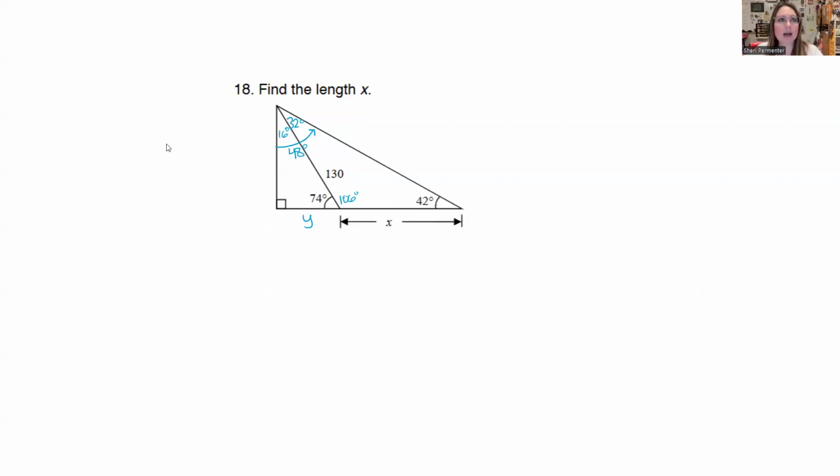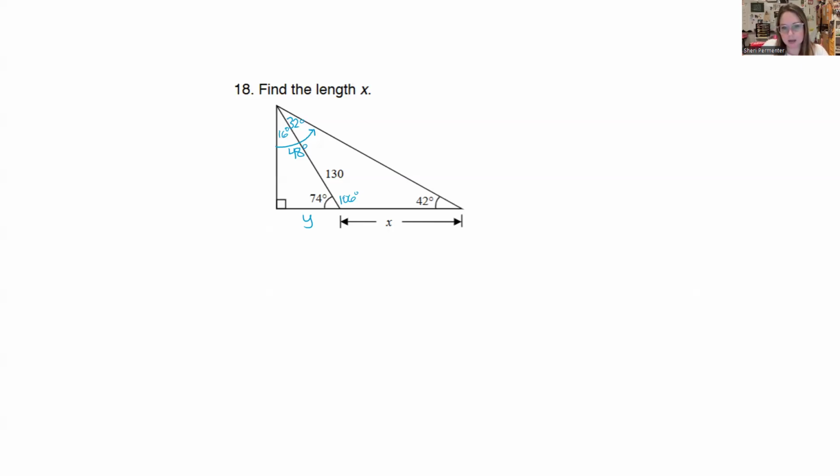To figure out y, I have either 16 or 74 that I can use as my angle. I'm going to use the one that's given. So 74 was given, so I'm going to figure out what y is because from 74, this would be an adjacent and a hypotenuse. What ratio goes with adjacent and a hypotenuse? Cosine.